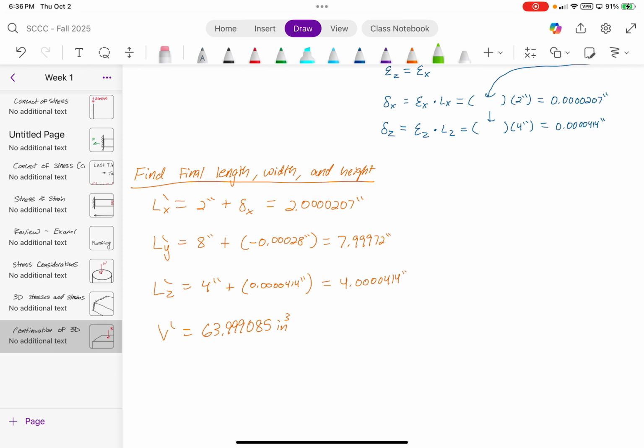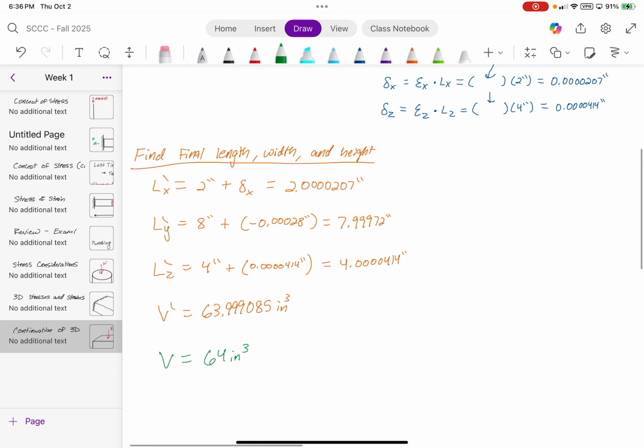Now, just for comparison purposes, let's calculate what the initial volume was. What would the initial volume be? Which means that we actually underwent a volume change of around negative 0.000915 inches cubed.